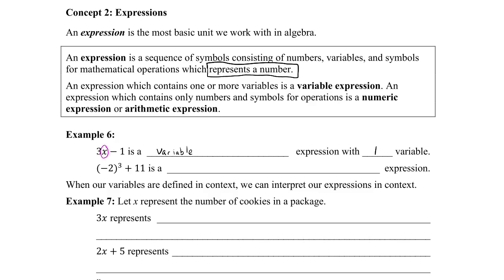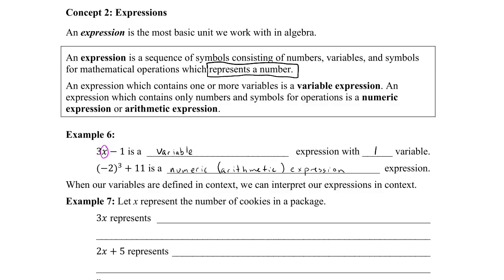On the other hand, negative 2 to the third power plus 11, that's a numeric expression because it does not contain any variables. And it's important that we distinguish between these because if we have a numeric expression, we can just take that and punch that into the calculator and get it to spit out a number.